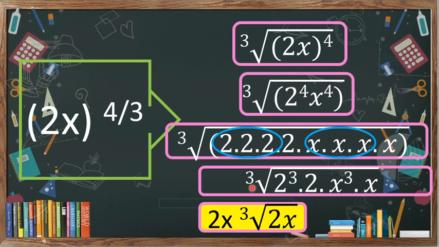So 2 cubed, 3 divided by 3, that is 1. So we can put out this 2. Then x cubed, 3 divided by 3, we have here 1. So we can write it out, the x here. Then 2 and x remain inside the radical symbol. So the final answer here is 2x, cube root of 2x.